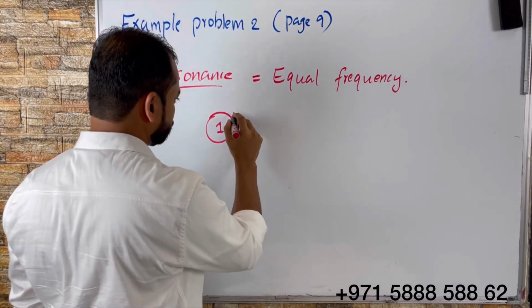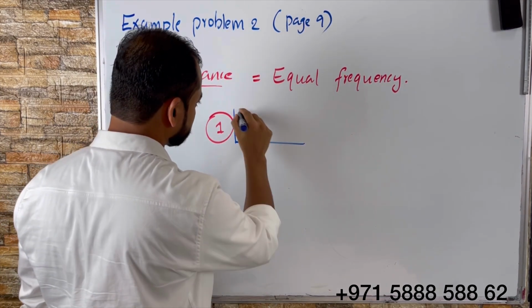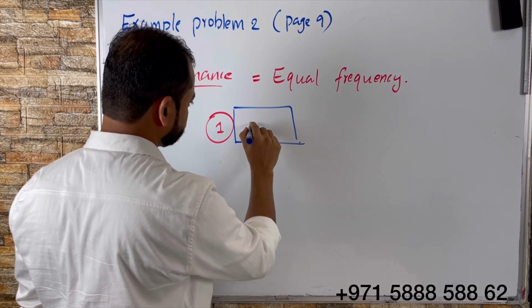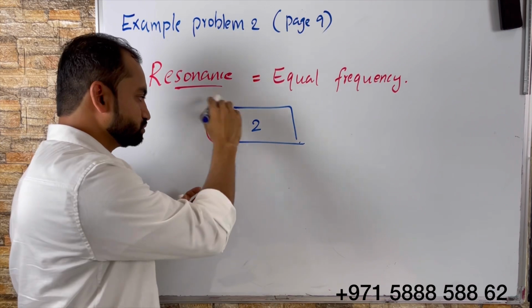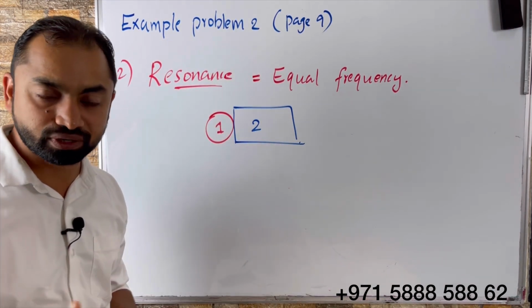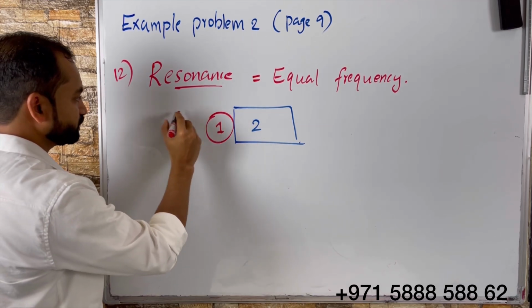This object 1 is for example rotating or vibrating, so it is in periodic motion, right? So every periodic motion will have a frequency.